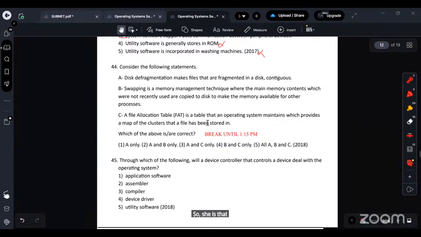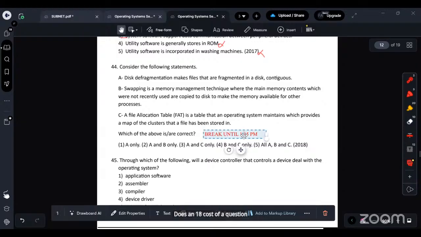Okay, try this 44th question. This is which year? 2018 past paper question. Quickly try and drop me the answer.